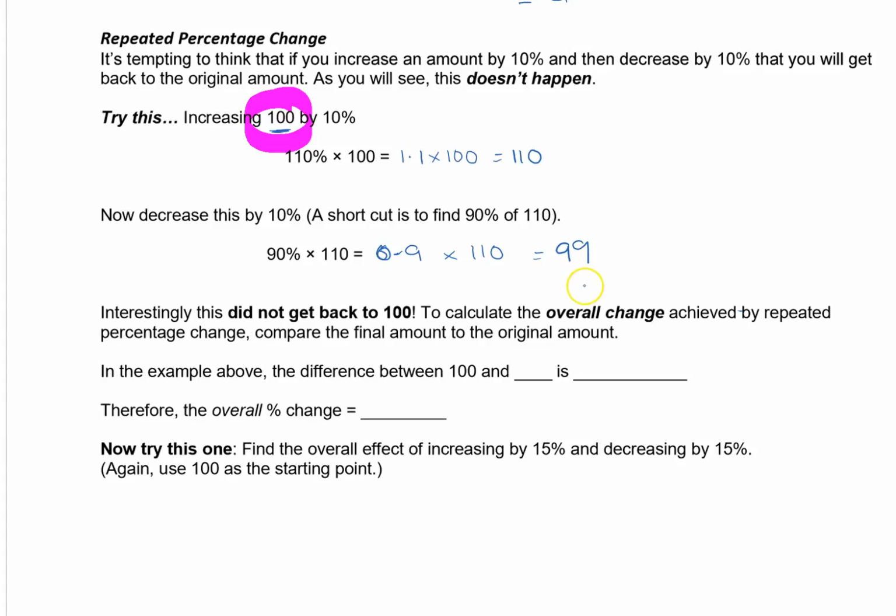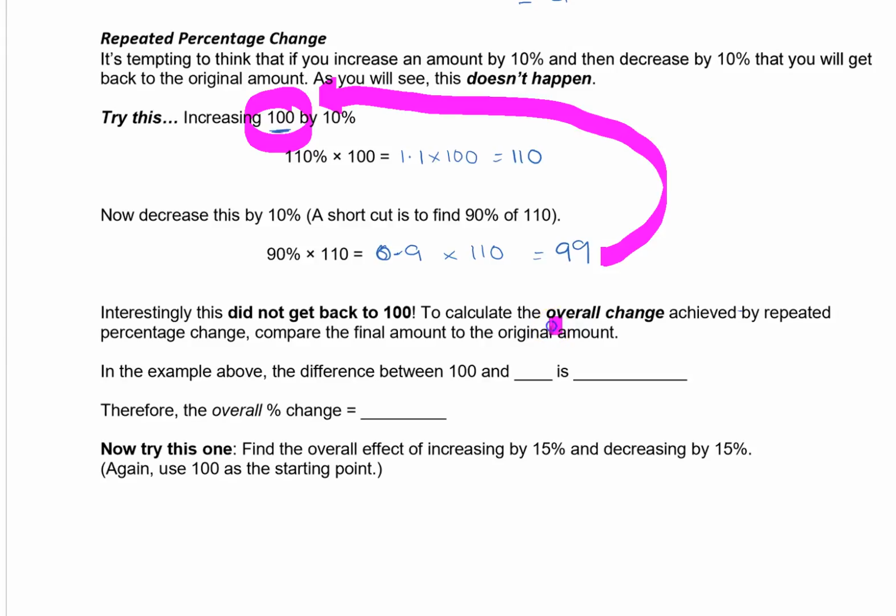What you're also sometimes asked to do is to then state what the overall impact is of adding on 10% and subtracting 10%. Now, to do that, you will just compare what you ended up with to what you started with. So we ended up with 99. We started with 100.